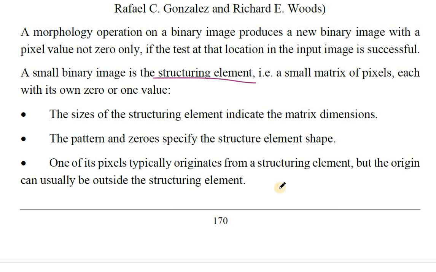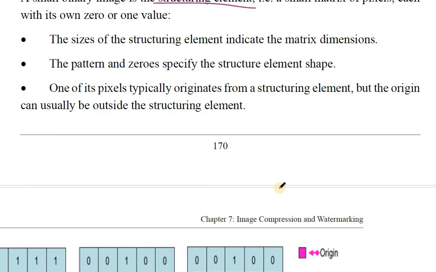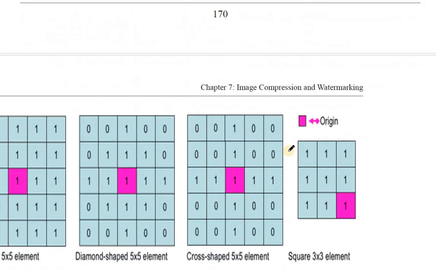Okay. The pattern of zeros and ones specifies the structuring element shape. What is the shape of the structuring element? Is it square? Is it round? What shape it is, that is decided by the pattern of zeros and ones. Now, one of its pixels typically is the origin of the structuring element, but the origin could also be outside the structuring element. What does this mean?